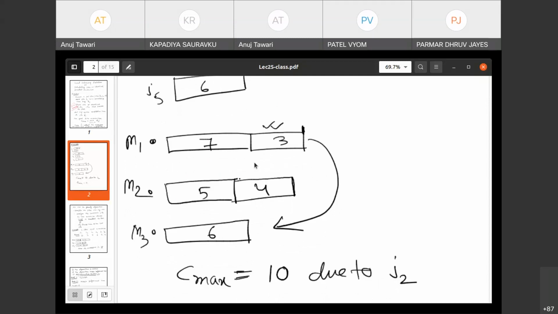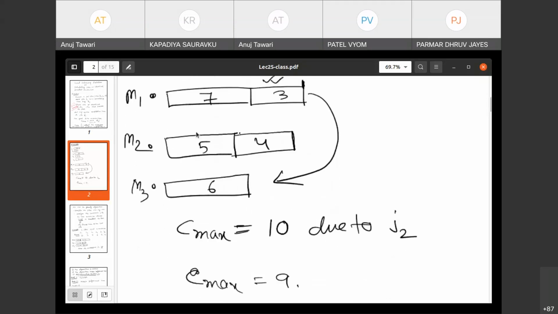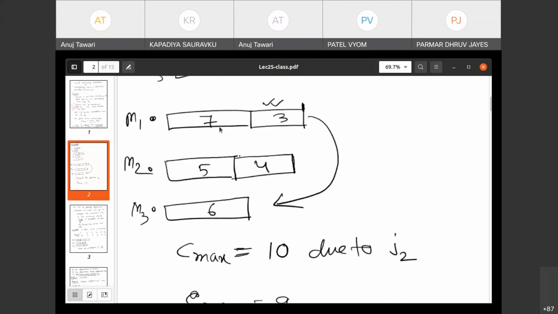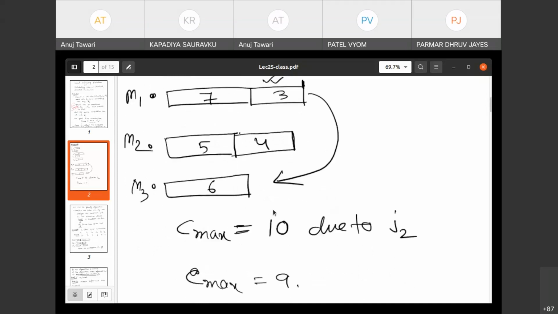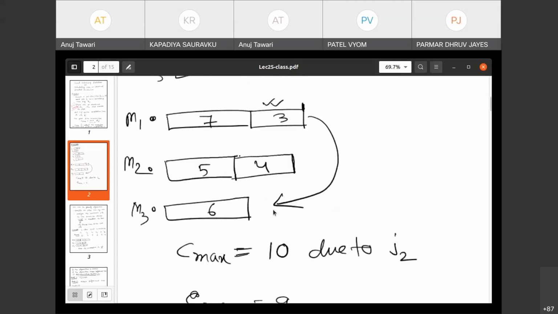It is straightforward that if we took this job of 3 hours, instead of scheduling it on M1, we scheduled it on M3, then M1 will run for 7 hours, M2 will run for 9 hours, and M3 will run for 9 hours. So Cmax will be equal to 9 in this setting.